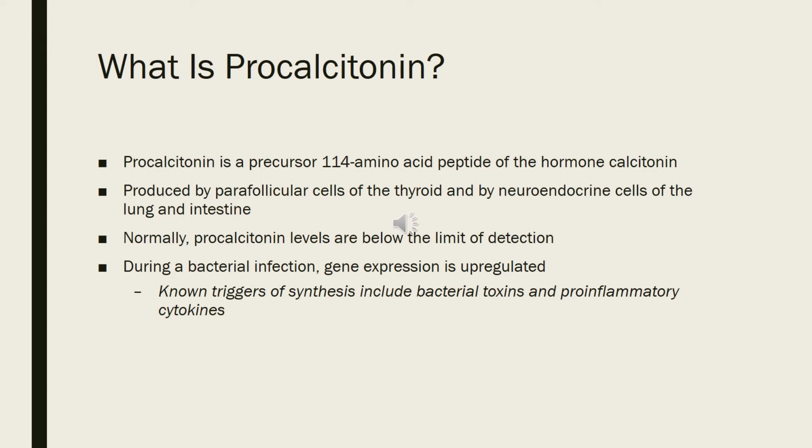So those are inflammatory markers, and things given off from bacteria. And so this expression is upregulated, and you see increased serum levels of procalcitonin in the blood, and that's where you get the idea of measuring procalcitonin during a bacterial infection to see if it's actually upregulated, and to see if a bacterial infection is actually taking place.